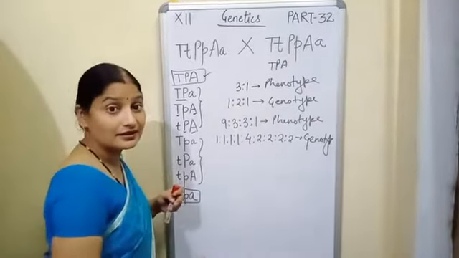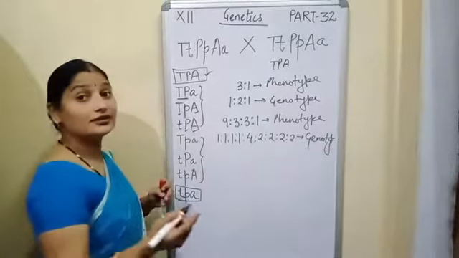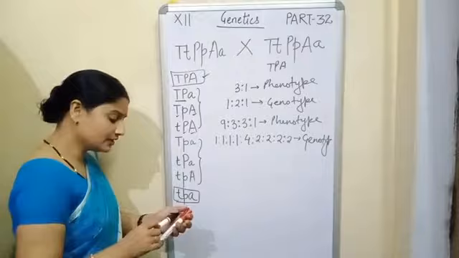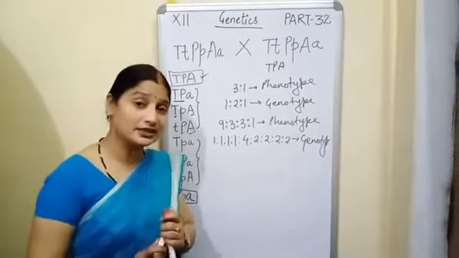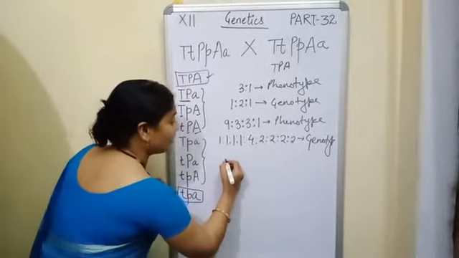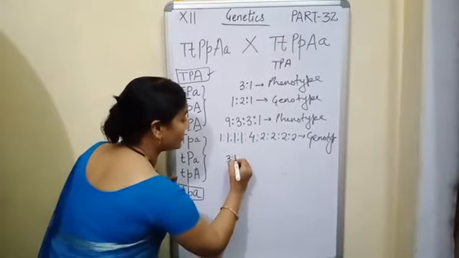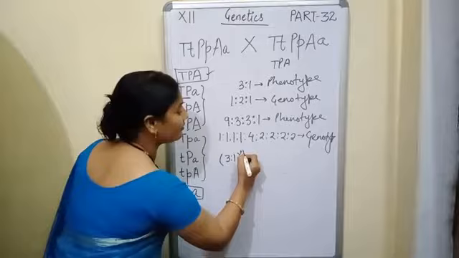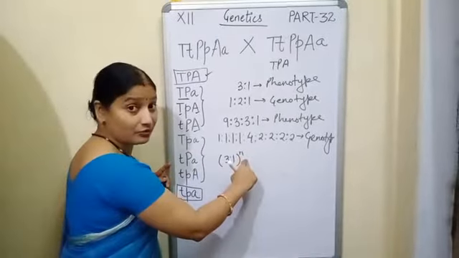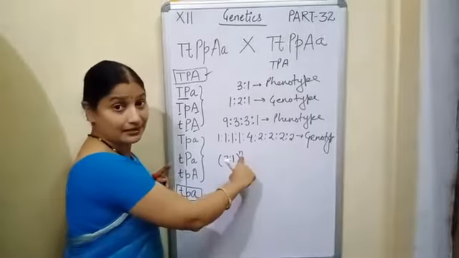Now imagine how we can draw the trihybrid ratio or how to remember. For this, we have one formula, children, and the formula is very easy. That is 3:1 and here I am writing N, where N will give you the trait.